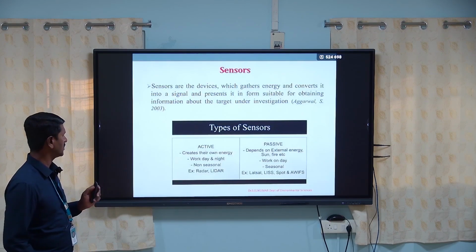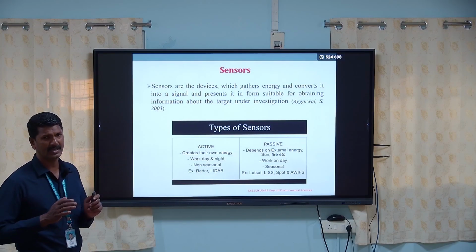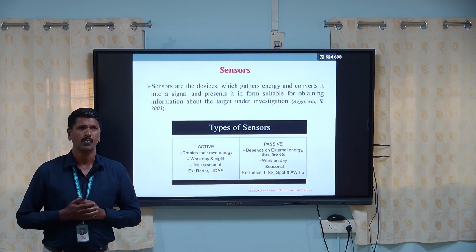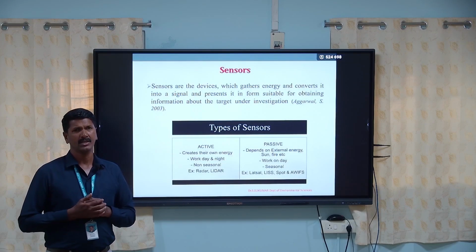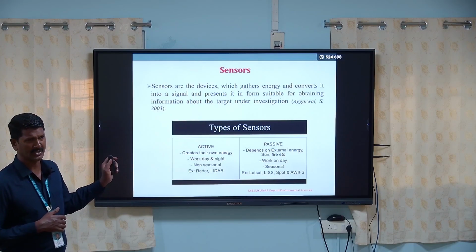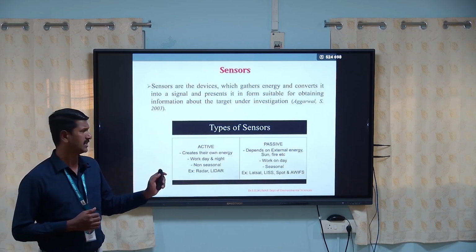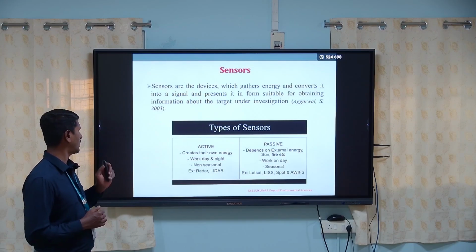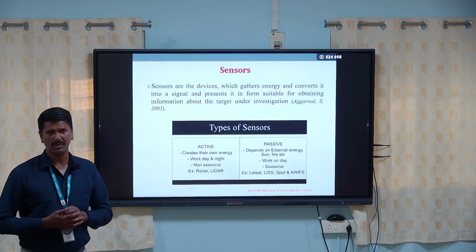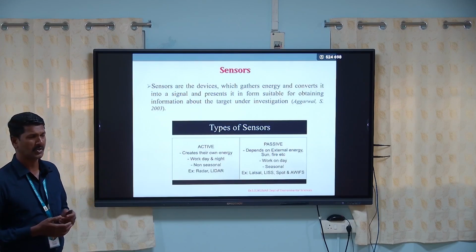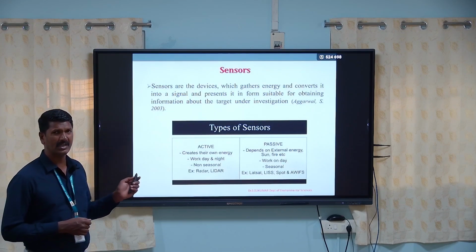The second point is the sensor. The sensor is a very important point for remote sensing technology. Based on the sensor, we can classify the satellite image accuracy. By type, we have two types of sensors: number one, active sensors; number two, passive sensors. So what is the meaning of an active sensor?